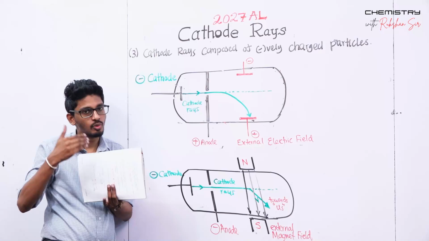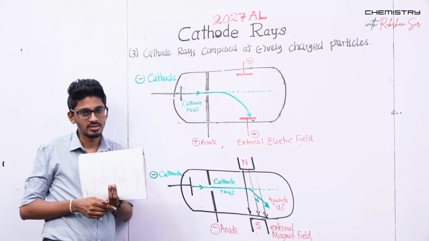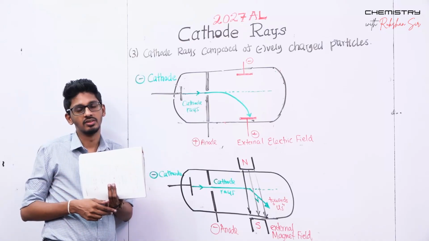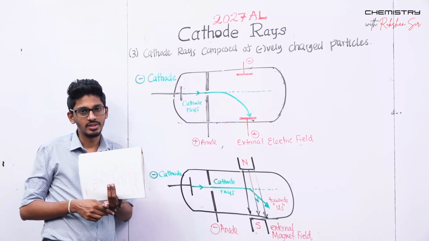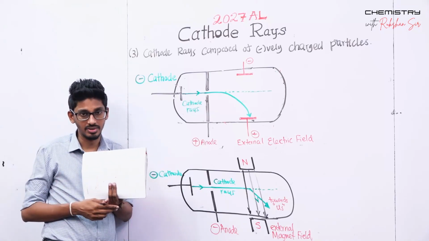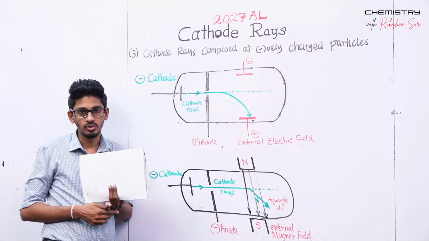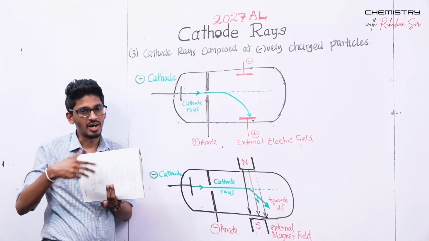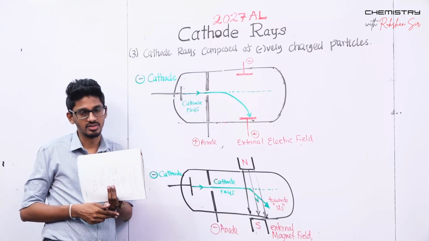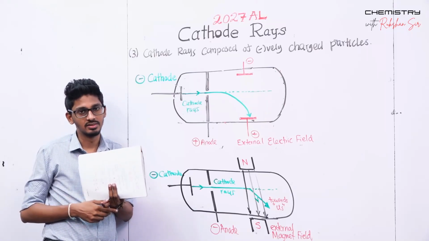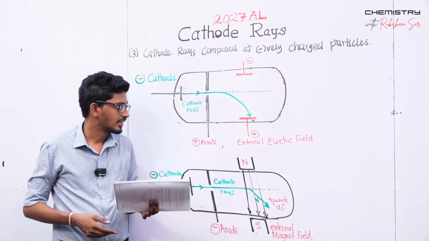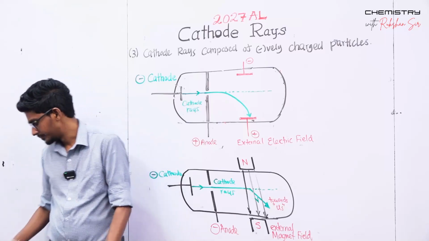You should know much more to get a good grade in your A levels and answer school term test questions. Let's examine a few more properties of cathode rays, right?